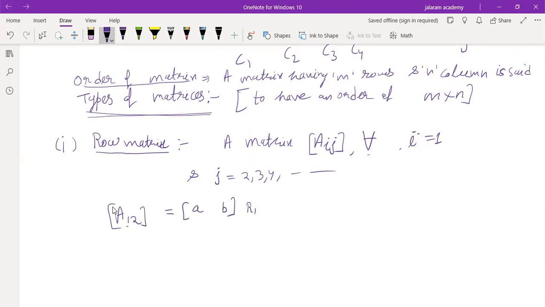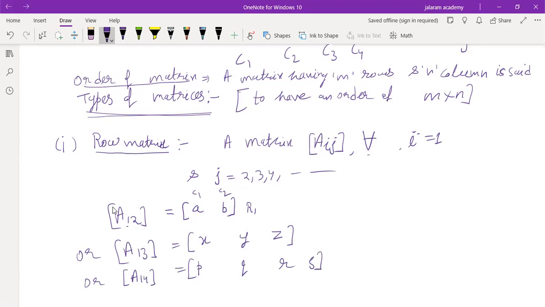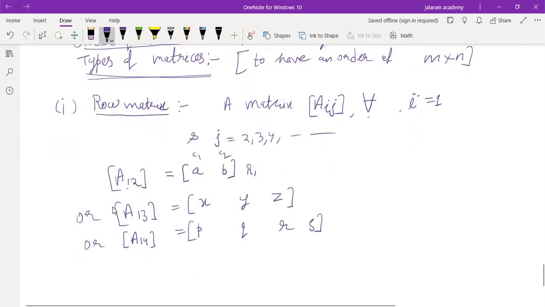Or A13 means which has only one row X, Y, Z and three columns, and so on. Understood?